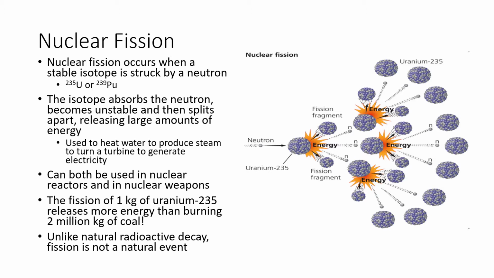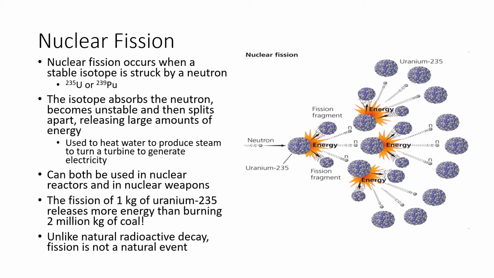And so this is a pretty self-perpetuating reaction, and it can be controlled mostly by having it cooled in water. And so that will be important later when we talk about meltdowns. But basically, this can be used in nuclear reactors to get nuclear energy or electricity, but it can also be used in nuclear weapons.